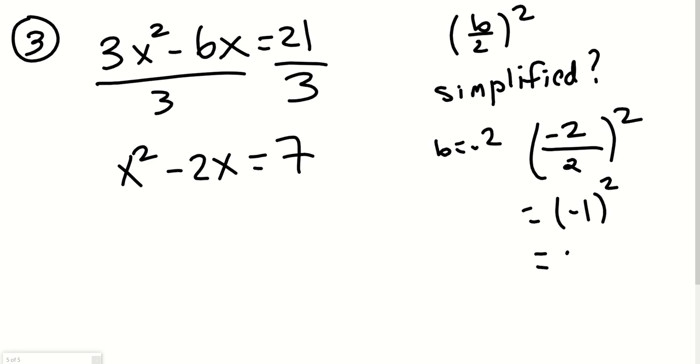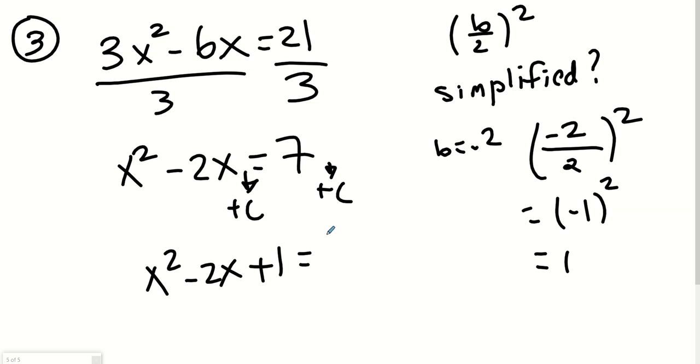Negative 1 times negative 1 is just 1. Okay, so now we're going to add this here. And then whatever we do to one side, we got to do to the other. So now I have x squared minus 2x plus 1 equals 8. Because 7 plus 1 is 8.